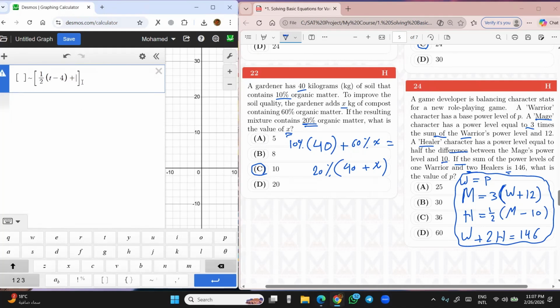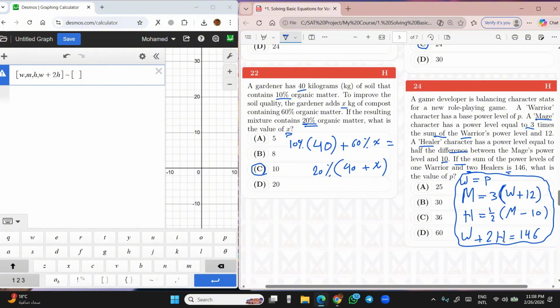Here we have 4 equations, as you can see. We can start writing the left side of the equation. I mean all of these, including this one. So here, look at this. I will write everything at the end, before the equal sign. So we can write W. You can make them all small letters. W, comma, M, comma, H, comma, and then, sorry, not W only. You have to write W plus 2H, because this is the left side of the equation.